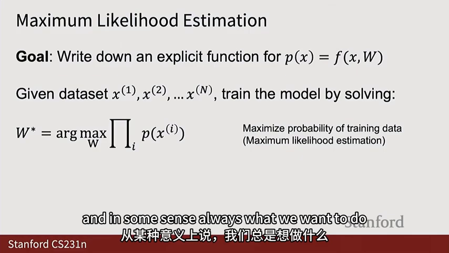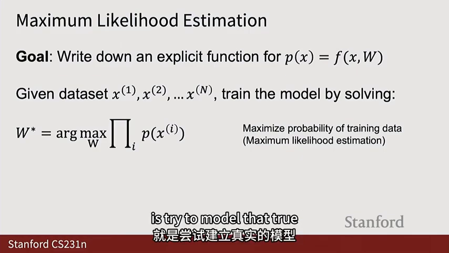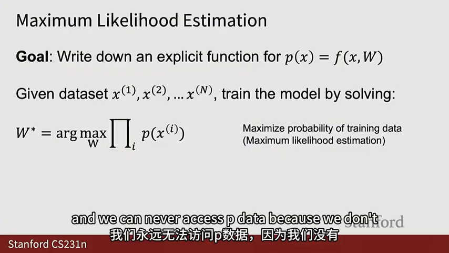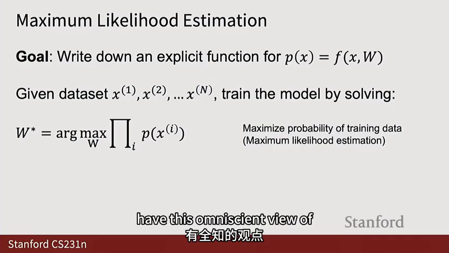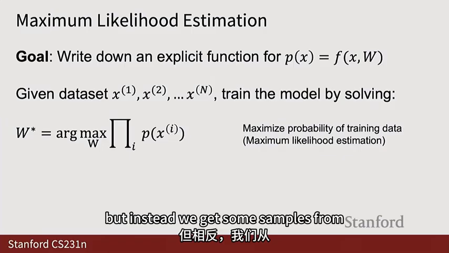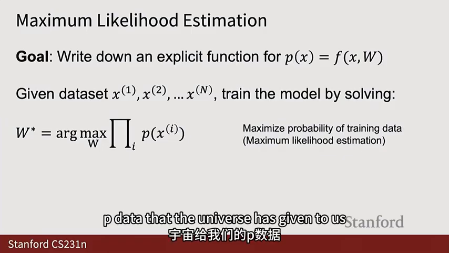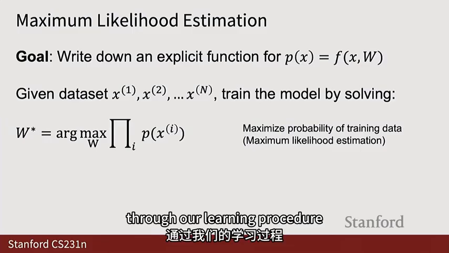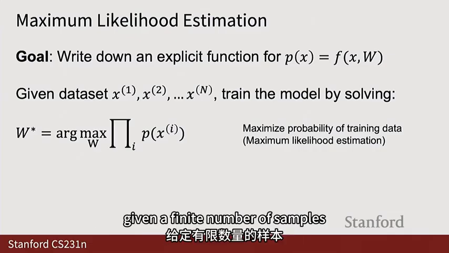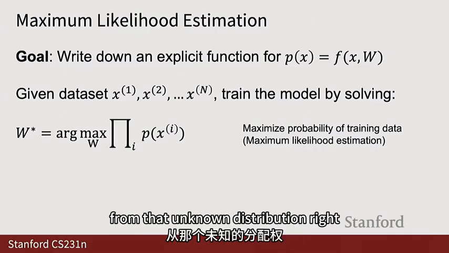In some sense, what we always want to do is model that true underlying unknown distribution P data. We can never access P data because we don't have an omniscient view of exactly how the universe works. Instead, we get some samples from P data that the universe has given to us. Through our learning procedure, we're trying to uncover that unknown distribution P data, given a finite number of samples from it.